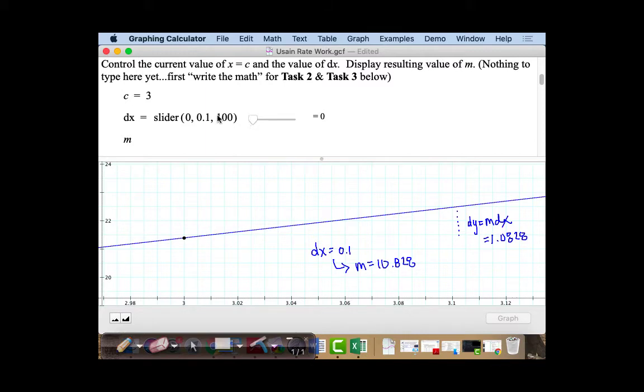So I have to change a little bit, and the increments on this slider are built to be 1/1000th at the smallest. At the smallest, you can see those two dots look like they're right on top of one another again, just like they did when we were zoomed all the way out and it was 0.1. I could zoom in and see what is going on here. But I notice this rate is a little bit smaller. That should maybe make sense if you remember the overall shape of the graph.